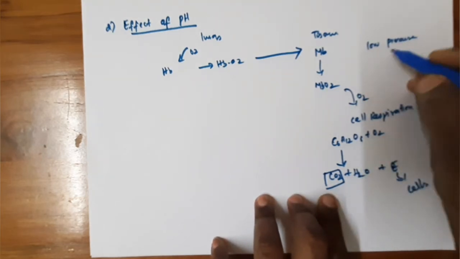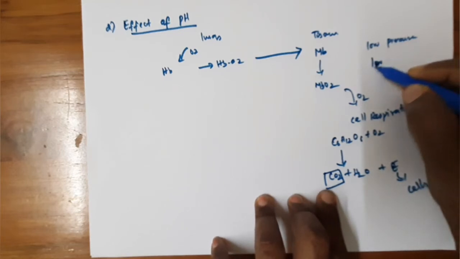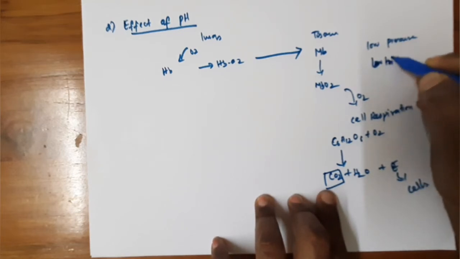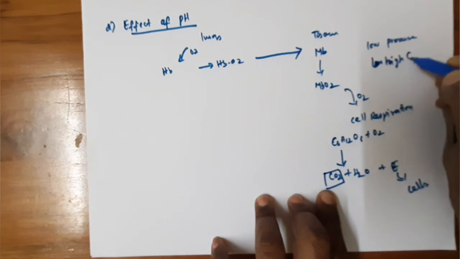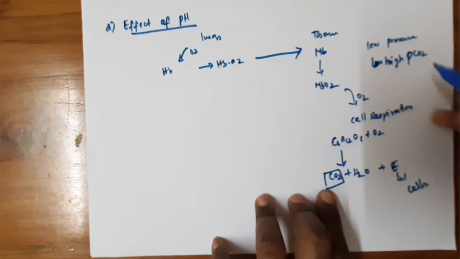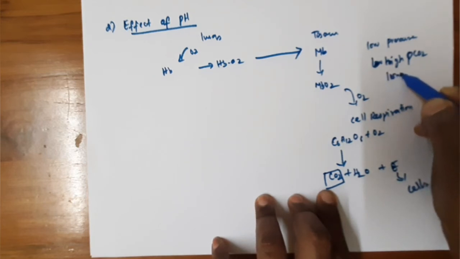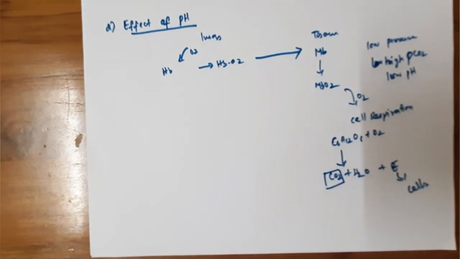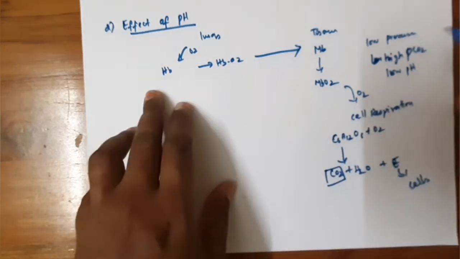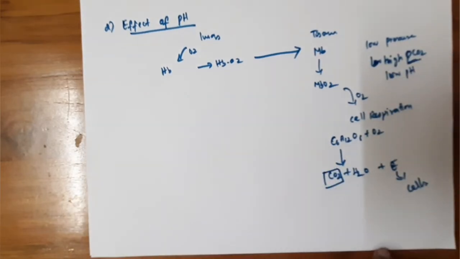It also experiences a high partial pressure of carbon dioxide, and carbon dioxide is an acid, so it is low pH. So when hemoglobin reaches the muscle, it experiences low pH because of the carbon dioxide.